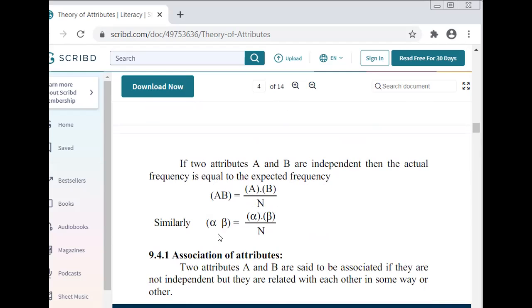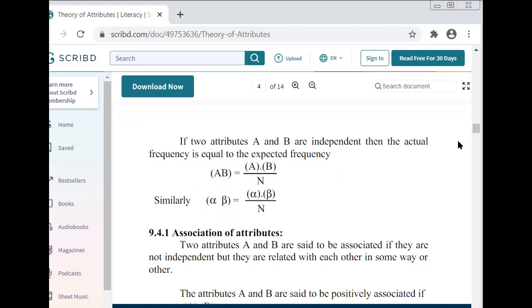Similarly for alpha beta: frequency of alpha beta is equal to frequency of alpha into frequency of beta by capital N. After simplifying, if this value is equal to frequency of alpha beta, then you can say that alpha beta are independent. So in these formulas, if LHS equals RHS, then A and B, or alpha and beta, are independent.